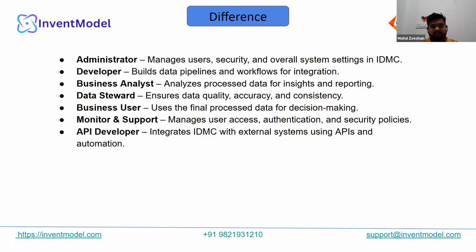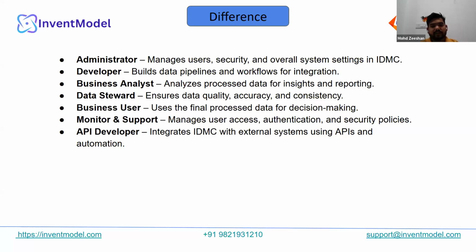workflow. Suppose we want to do something and we can't achieve it using IDMC. What can we do? We can talk about this problem with the API developer. The API developer will give us an API for this problem, which is already developed. We don't have the functionality in IDMC, but we want to do it.